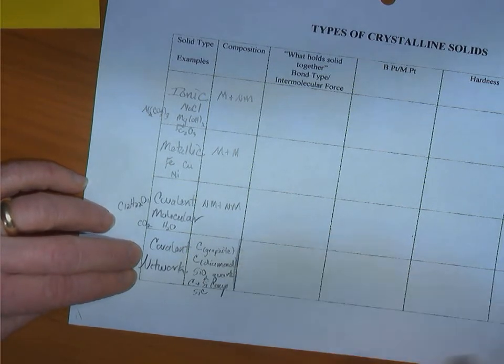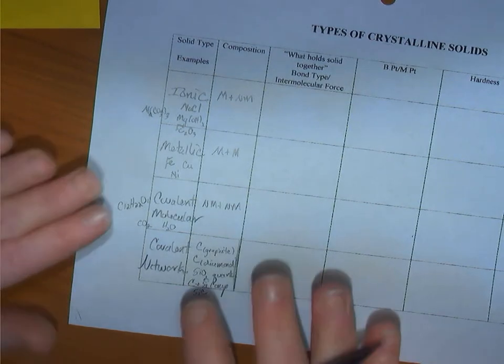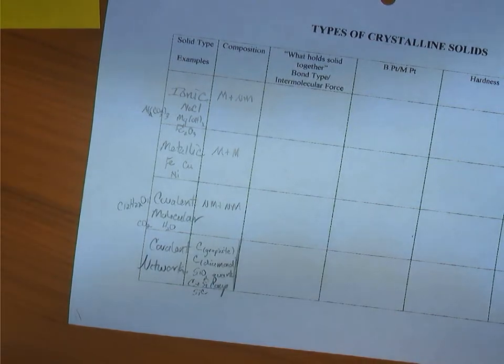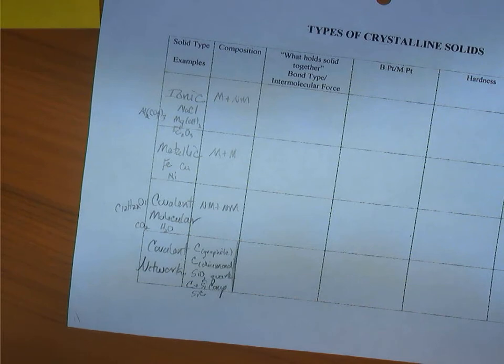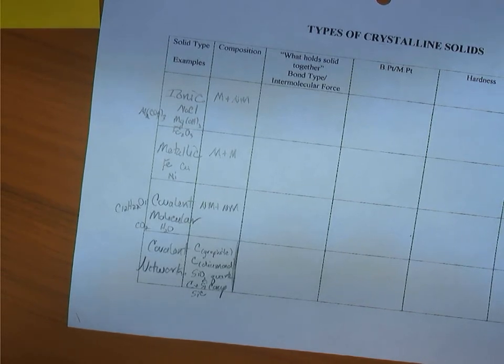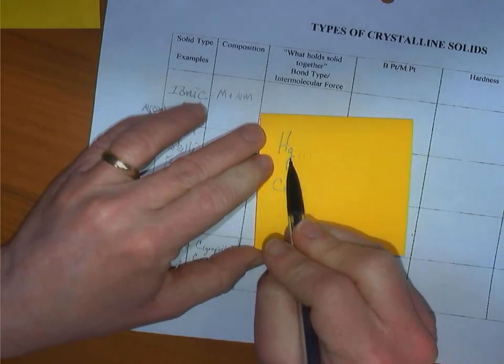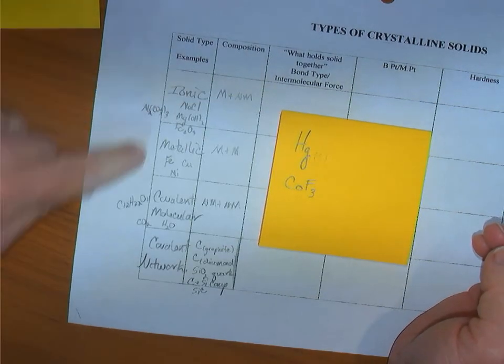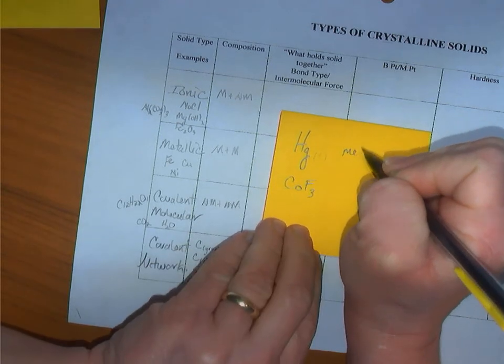to be accountable for. So if you were given a formula, could you identify what type of crystalline solid it will take on? So just to take a look, for example, if you're given a sample of mercury in the solid state, well, that's going to be a metallic crystalline solid.